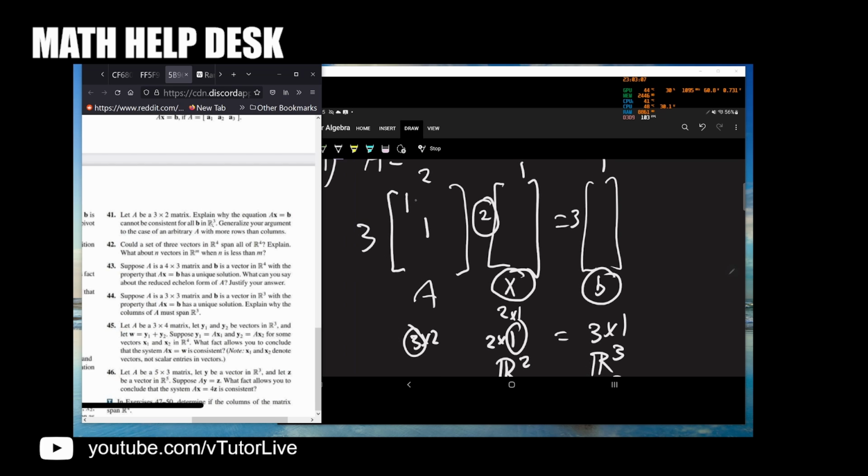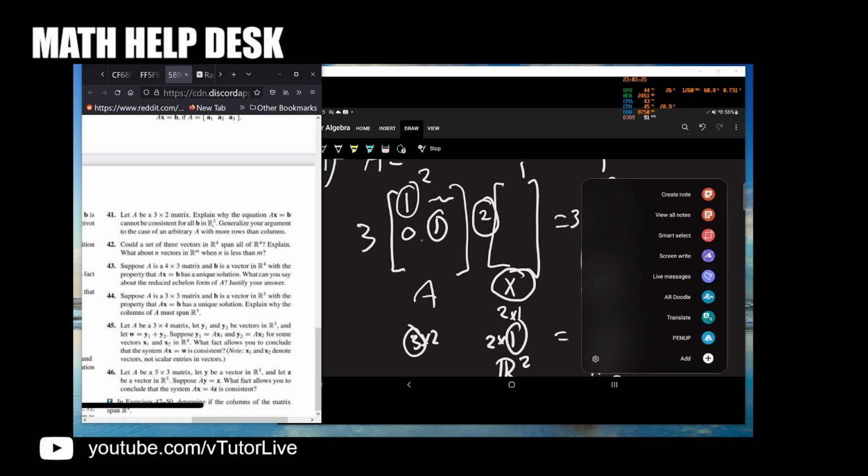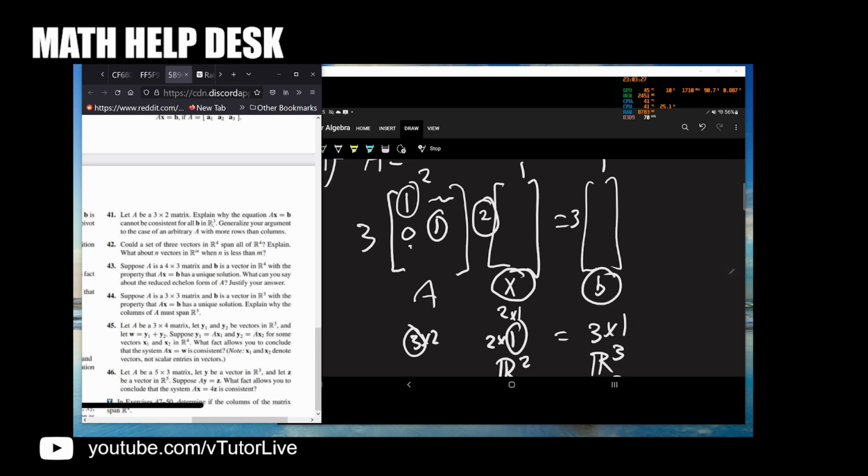One way to think about rank in the most dry way is how many leading ones there are after you've done reduced row echelon form. And the fact that this is a 3 by 2 matrix means that there's only so much room, right? Okay, so rank is like pivot points, maybe is what they're calling it in this class. Oh, they're calling it pivot points? Yeah, I've never heard of that phrase, but I'm sure it's the same concept. It sounds like the same thing.